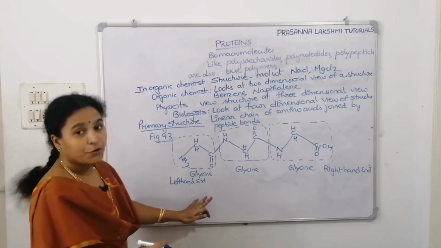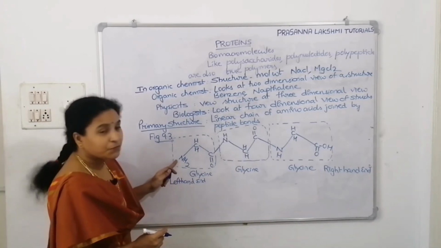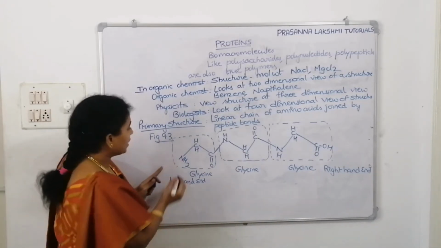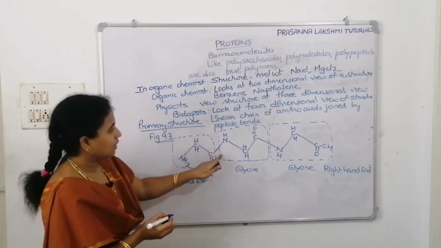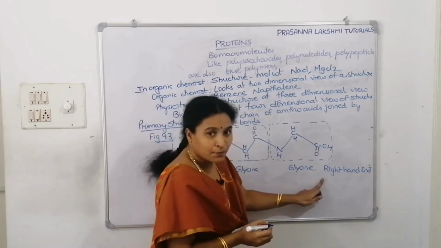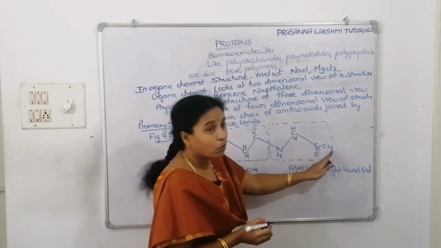At the left hand end, which functional group is free here? The amino group is free here, and its carboxyl group is involved in a peptide bond linkage. On the right hand side, which group is free here? The C double bond O, OH group is free.